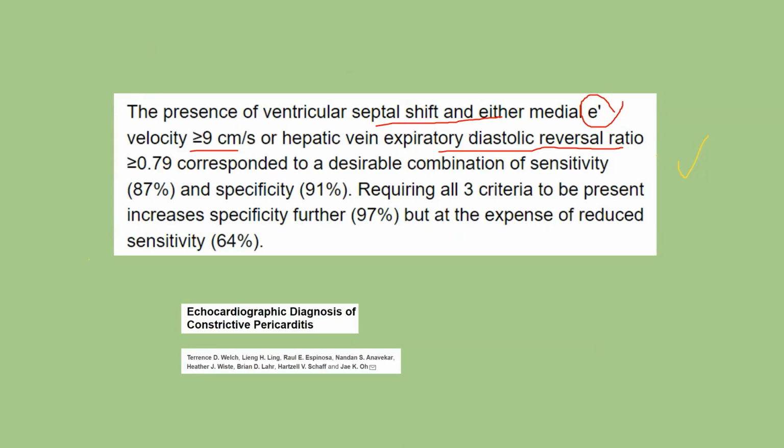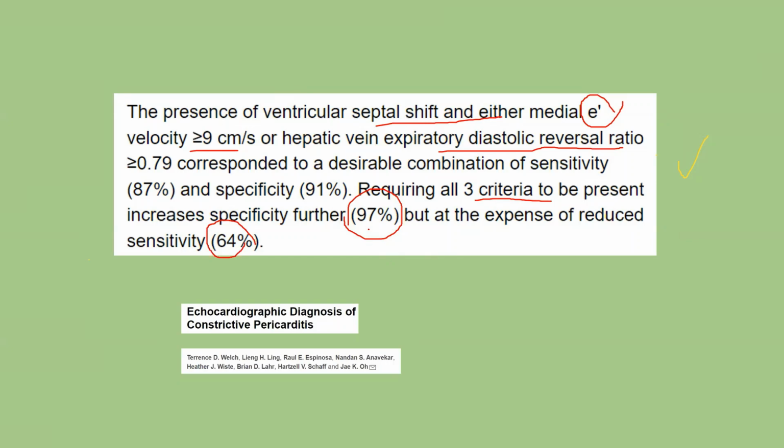If you have the three of them, the specificity of diagnosing constriction is 97%, but the sensitivity drops to 64%. But imagine if you elicit the three of them, 97% specificity for the diagnosis of constriction.